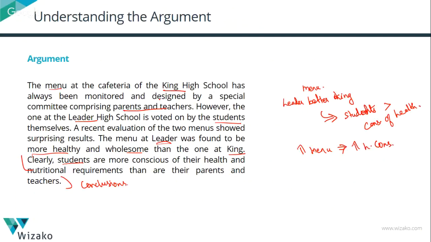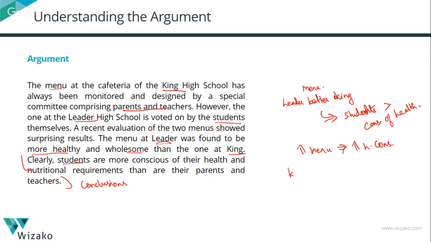Another thing to notice: we're very specifically comparing the menu at King High School and Leader High School. But look at the conclusion. It says students are more conscious of their health and nutritional requirements than parents and teachers. It doesn't tell me which students we're talking about, which means we're talking about students in general, which means there is a generalization assumption in the argument as well.